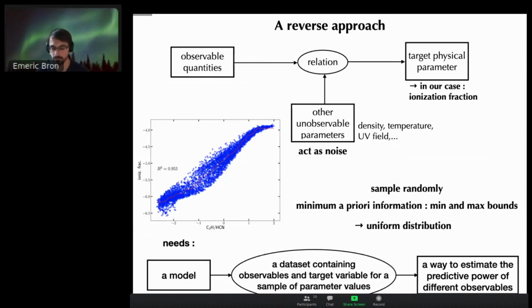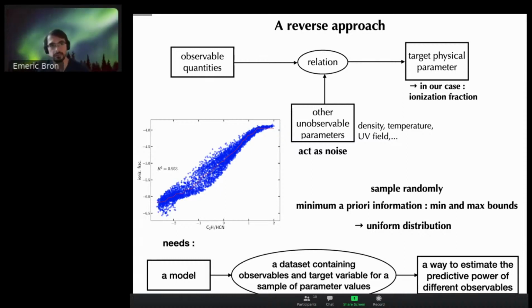Did you try to have the method predict not only the ionization fraction, but also, for example, maybe the temperature? If you predicted two quantities instead of one, you might reduce the scatter and have a more accurate prediction of the ionization fraction?